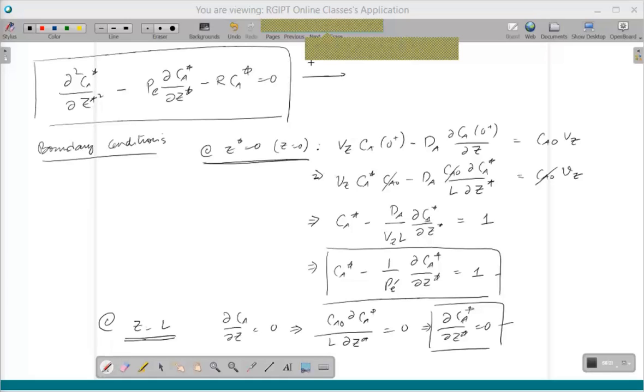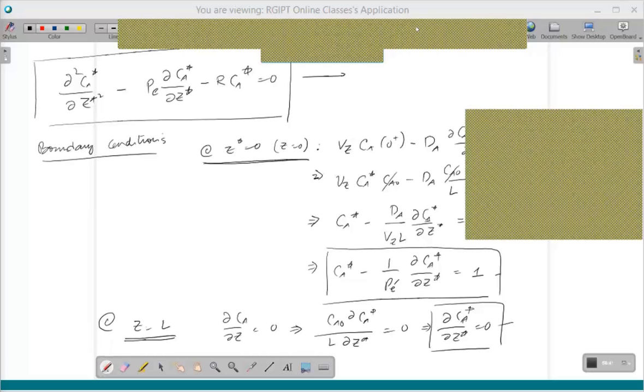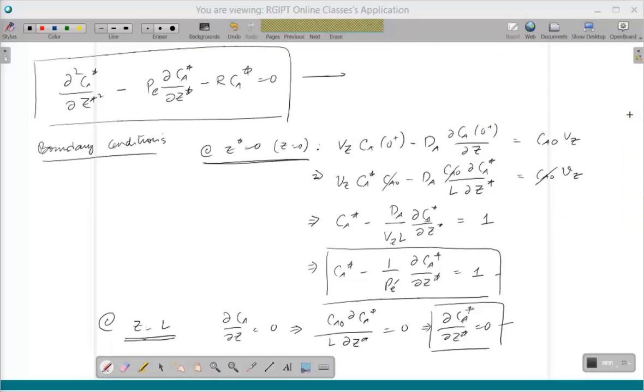Is it the field modulus? Which one is the field modulus? Let me check. Is that the field modulus? Diffusivity and reaction. Okay, probably. I'll have to check that.